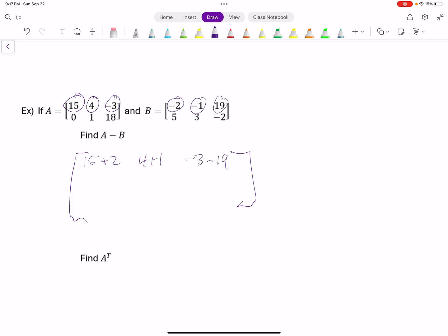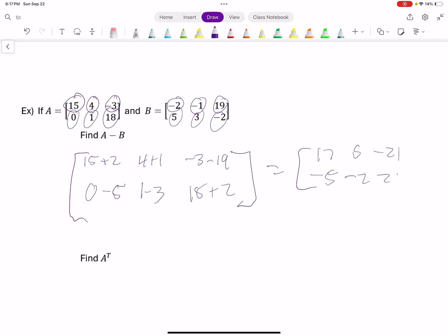And then I go down to the second row, 0 minus 5, 1 minus 3, 18 plus 2, because negative. Okay, that'll give us a matrix 17, 5, -22, -5, -2, and 20. Okay, so that's A minus B.